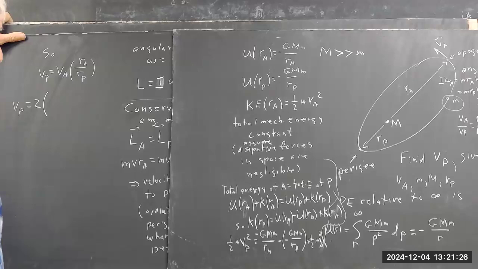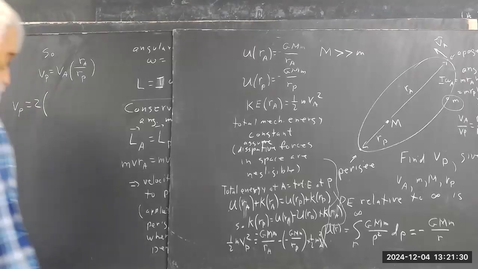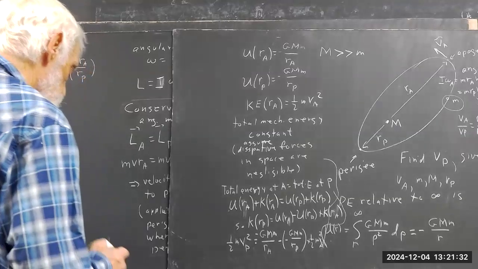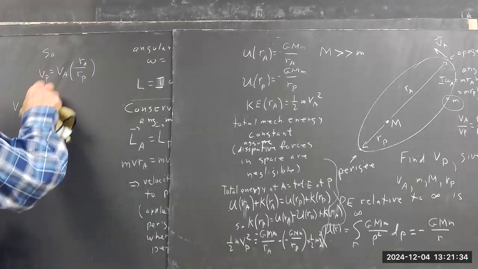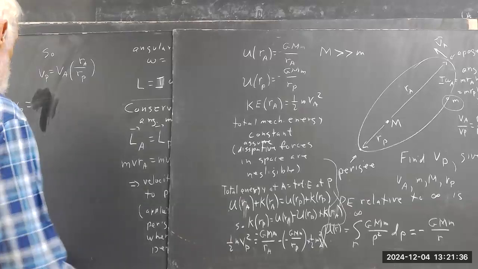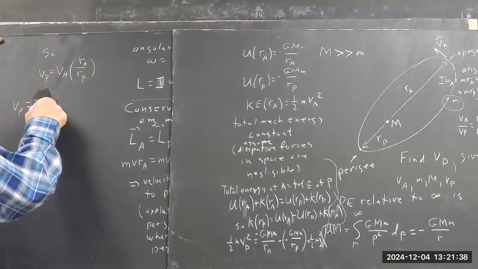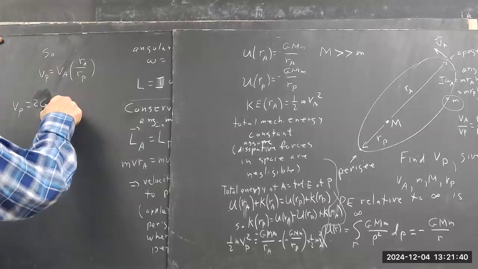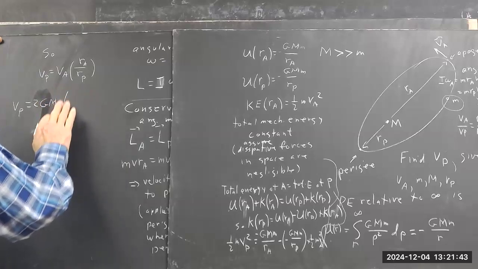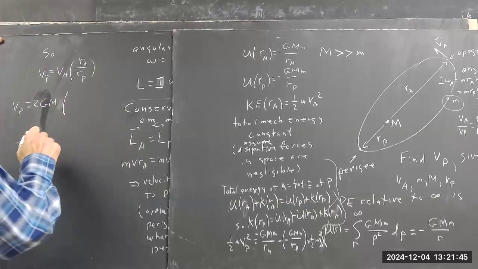2 times, well, let's make sure we get the signs right. I'm going to do the times there. I'm going to factor out big G, big M, little m. I don't need the little m anymore.